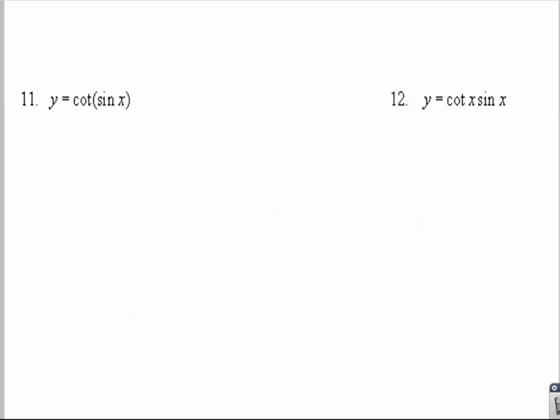Next ones I put side by side because they look very similar, yet they're very different. This one is a composite. This is the cotangent of the sine of x versus this one is a product. This one is the cotangent of x times the sine of x. We do them differently. Here, I have to do the chain rule.